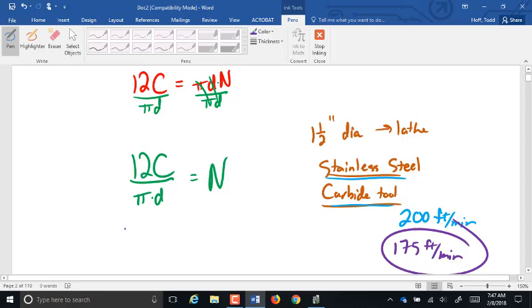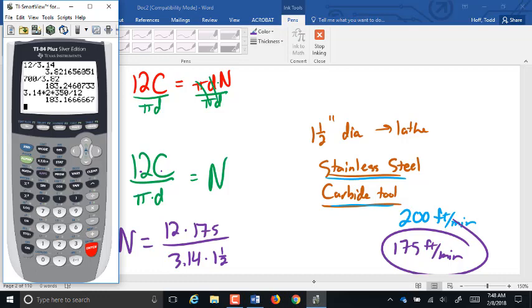So in our formula here, N equals 12 times C, 12 times 175, divided by 3.14 times my diameter of 1.5. So 12 times 175. Now here's where it gets tricky.